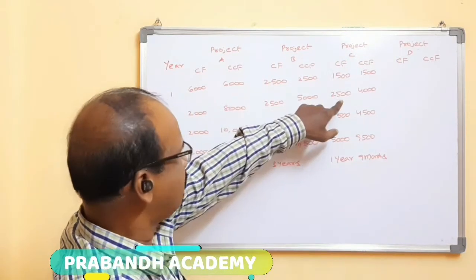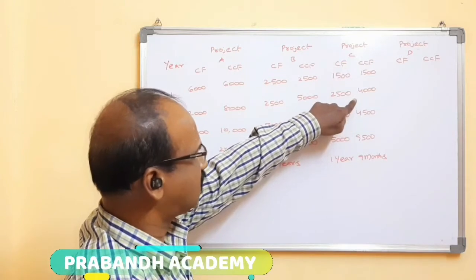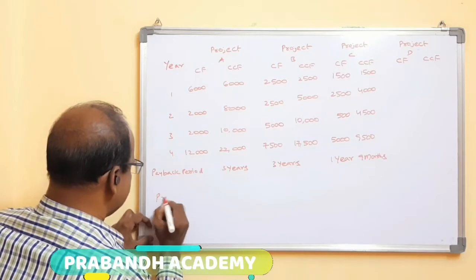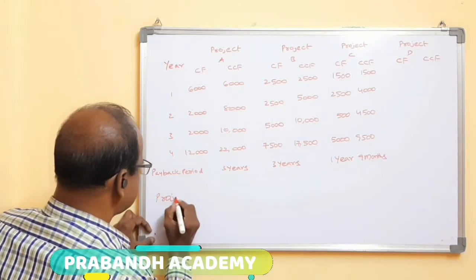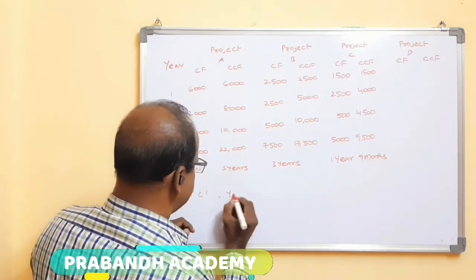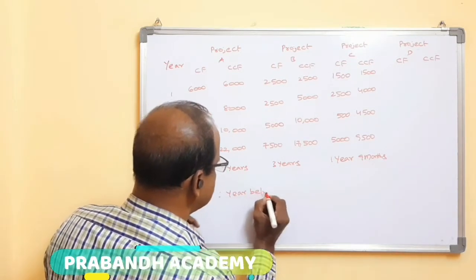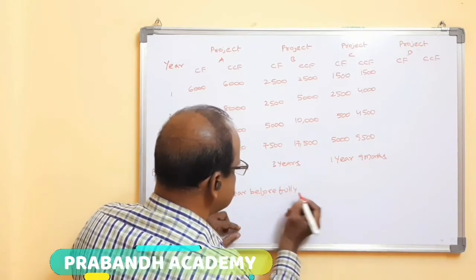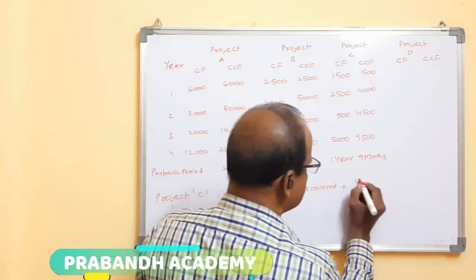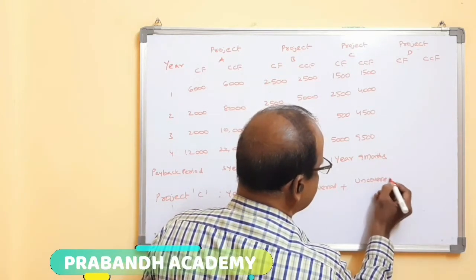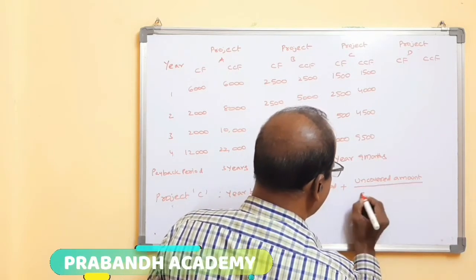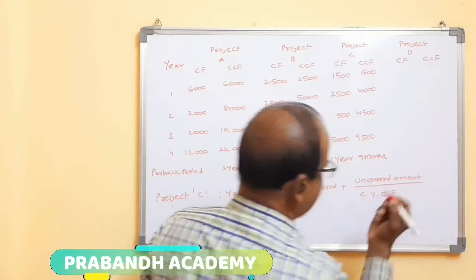Actually, investment is 3,000. How to calculate for project C? Year before fully recovered, plus uncovered amount by current year cash flow.